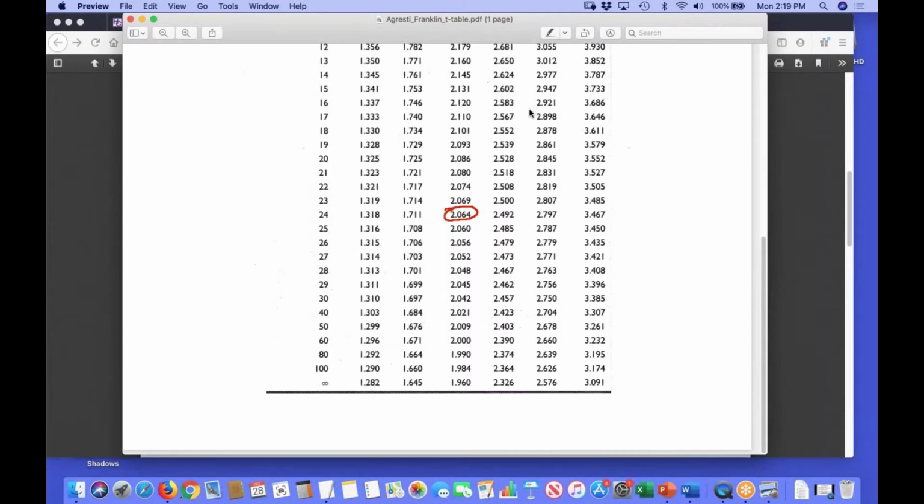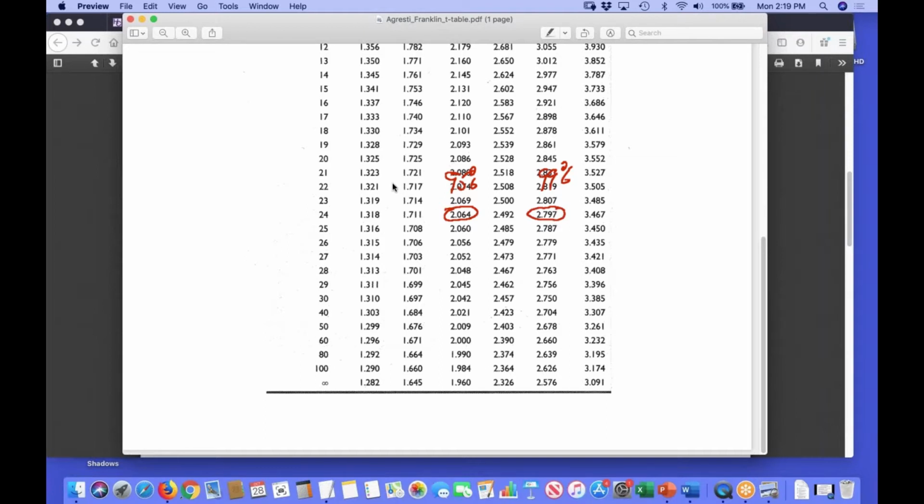There was the t-value we used for a 95% confidence interval. Now for a 99% confidence interval, for the same sample size, we would have used 2.797.